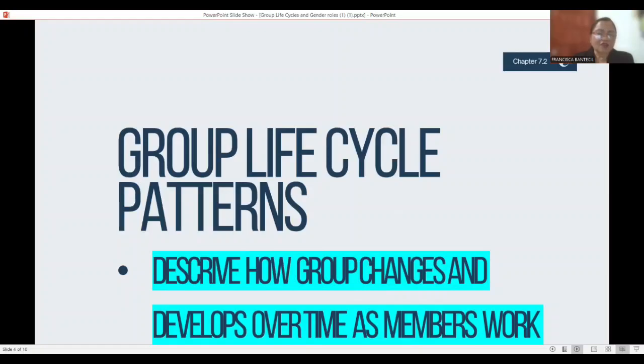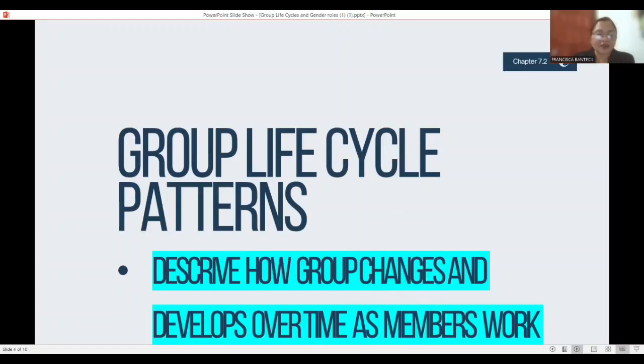In other words, group life cycle patterns describe how groups change and develop over time as members work together.